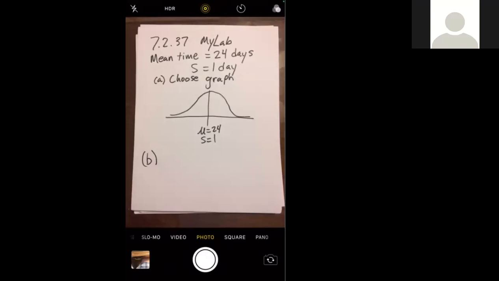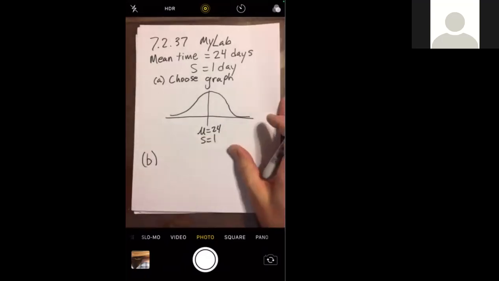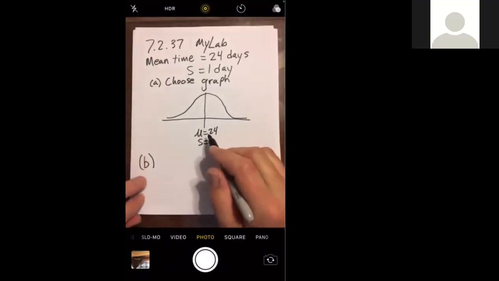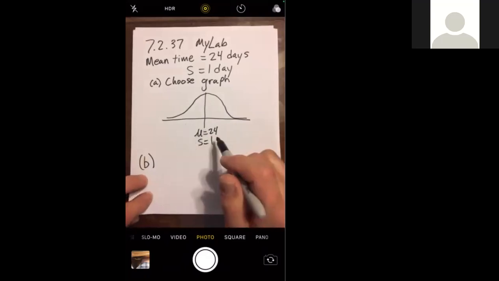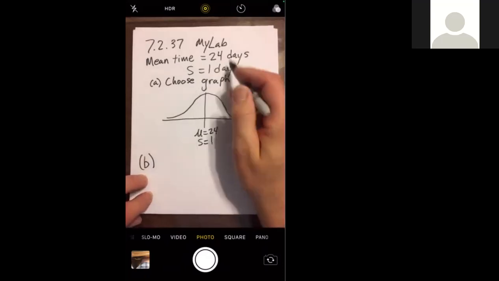The first graph has 24 in the middle, and then we have 2 lines between 23 and 25. Then the second graph, 24 is in the middle, then you have another line between 22 and 26. Have they given you those numbers up here in the paragraph?